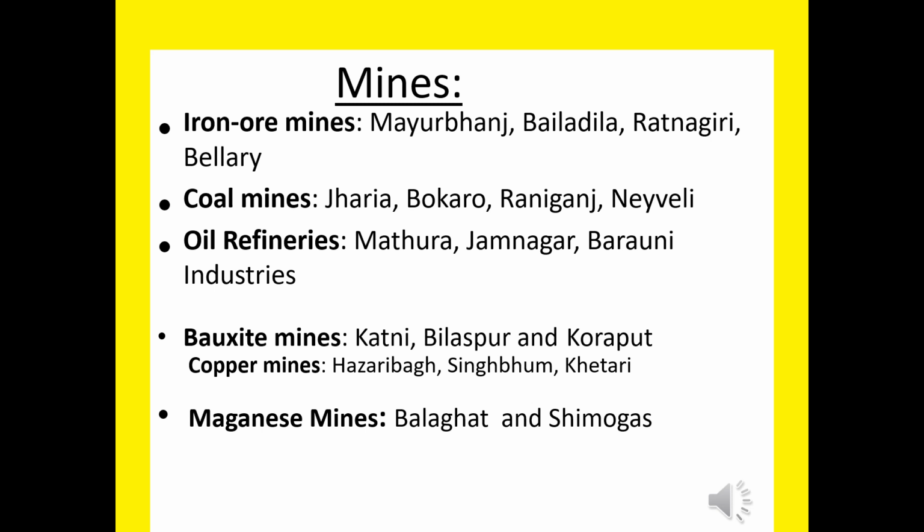There are lots of mines found in India, like iron ore mines, coal mines, oil refineries, bauxite mines, and manganese mines. The mining industry in India is a major economic activity which contributes significantly to the economy of India.